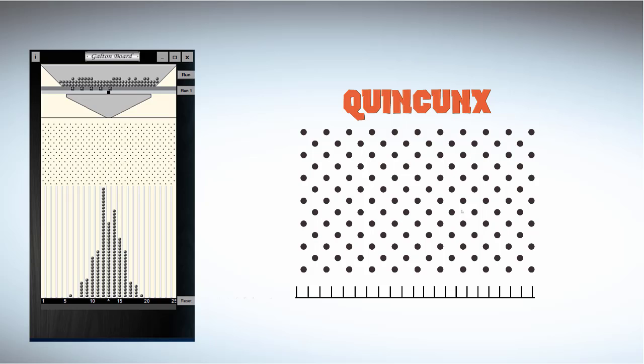And then at the bottom we're going to put some columns because we're going to be dropping balls down through this Quincunx pattern, and we need a place for the balls to end up in. So next we need a ball, and we're going to drop the ball through this Quincunx pattern, and each of these black dots, think of it as being a pin, and when the ball hits the pin, it goes left or right. It does that at random, just like flipping a coin.